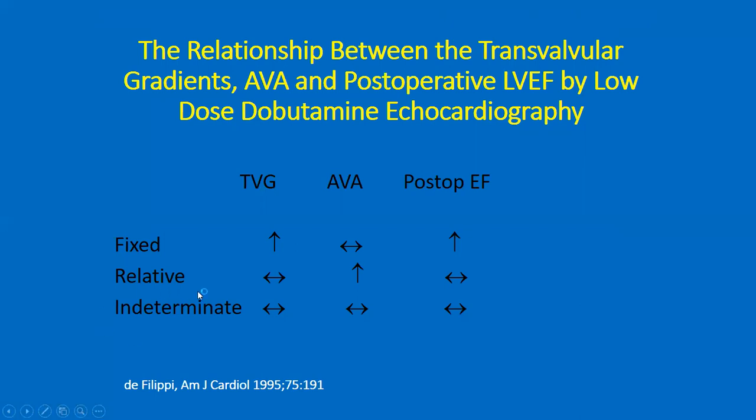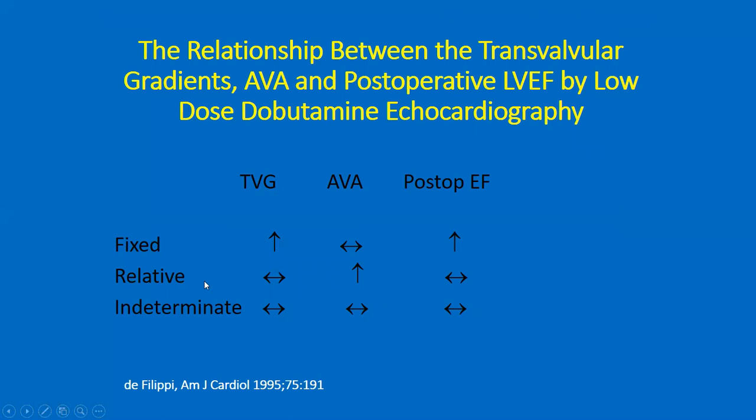So in fixed aortic stenosis, at peak dose of dobutamine, the transvalvular gradient will increase, whereas the aortic valve area is unchanged or very little change, less than 0.2 centimeters square. These patients enjoy an increase in left ventricular ejection fraction after aortic valve replacement.